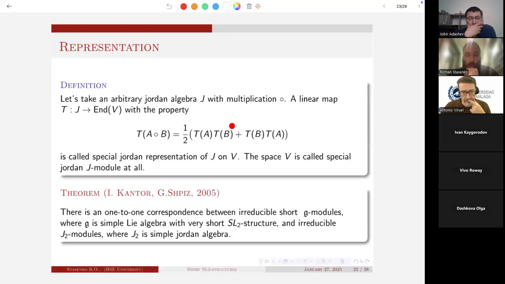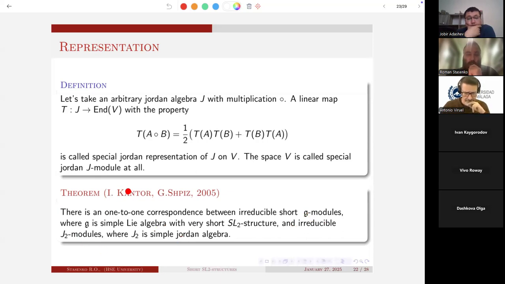And of course, in the case of very short SL2 structure, the answer is given in the paper of Kantor and Spies in 2005, and here you can see the answer. So if we take a simple Lie algebra with very short SL2 structure and give it an irreducible short Lie module, it is in one-to-one correspondence to the irreducible J2 module.